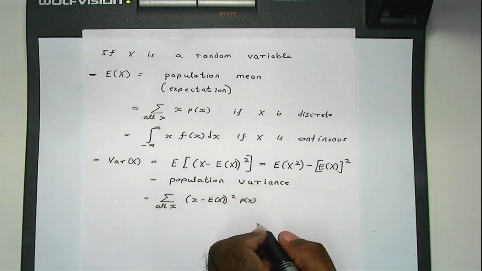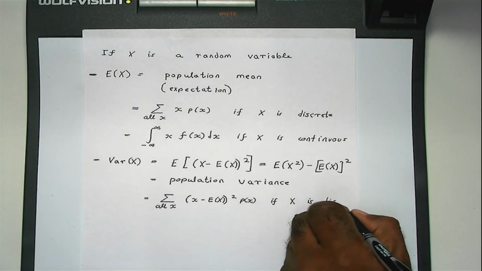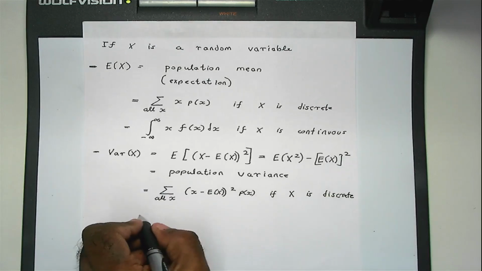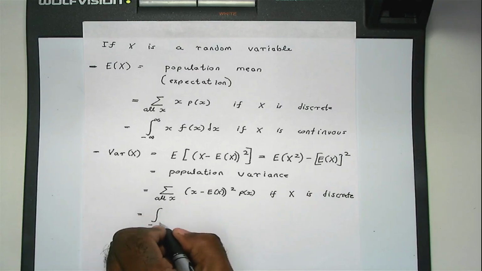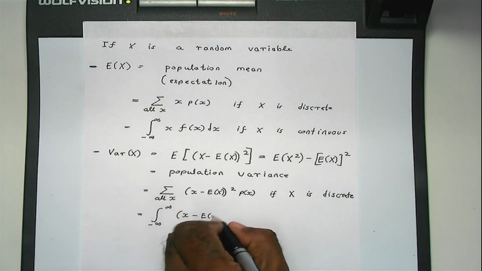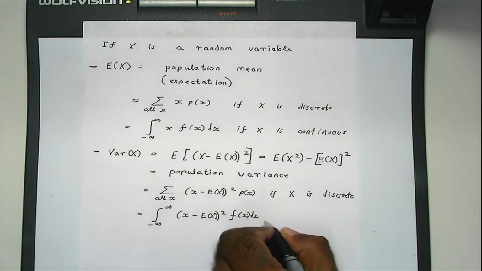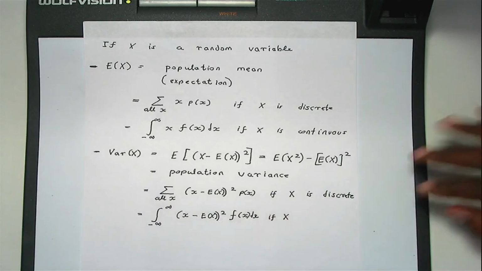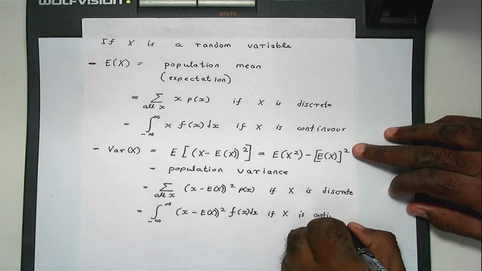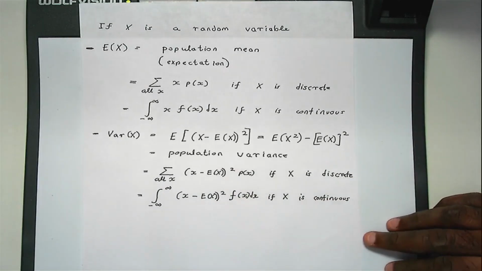If X is discrete, okay, and if the variable is continuous, okay, so these are the two definitions depending on whether you have a discrete or continuous variable.